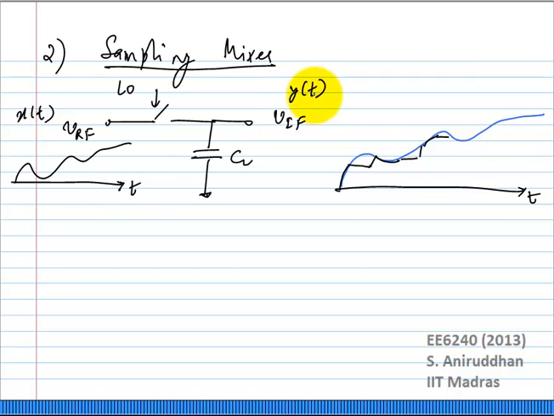What we are going to do, to make our analysis easier, is split the output. So this is y of t. We are going to split the output into two parts.